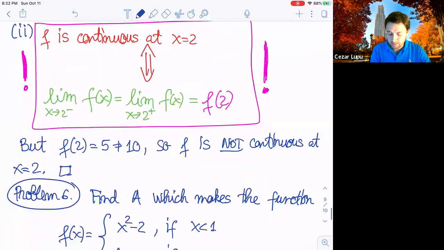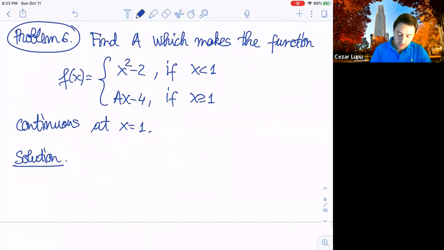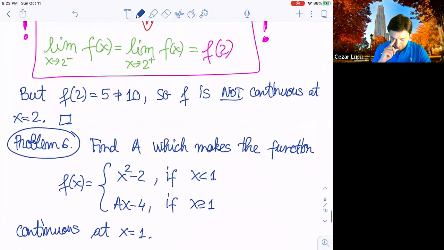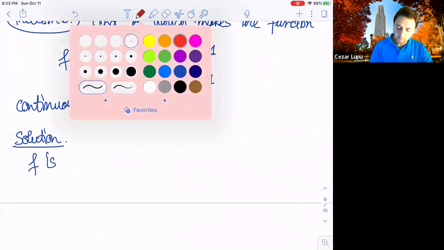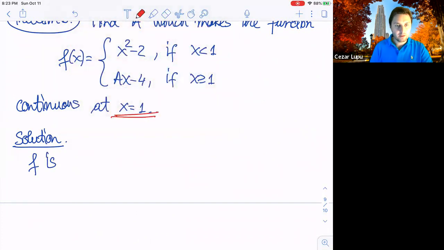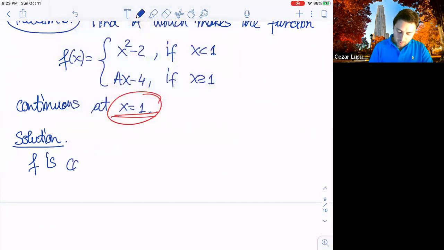So in our case, we can say that f is continuous at x equals 1. So we need to look at the point x equals 1.